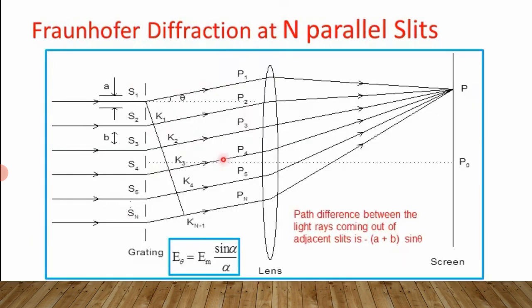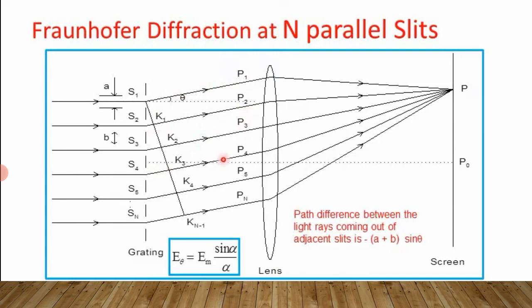On the screen you can see the diagram: S1, S2, S3, S4, S5 and Sn. The angle generated is theta, with points P1, P2, P3, P4, P5 and Pn, and P and P0. Consider a plane diffraction grating having n slits, each of width a, separated by opaque space.